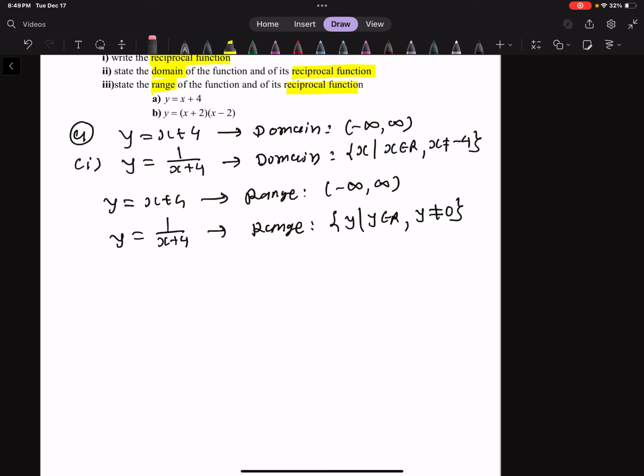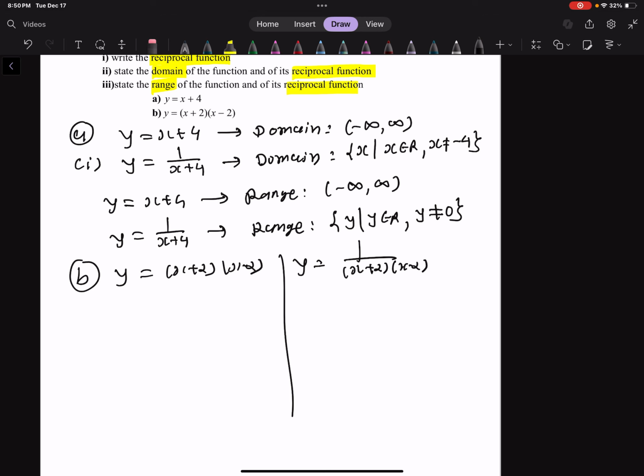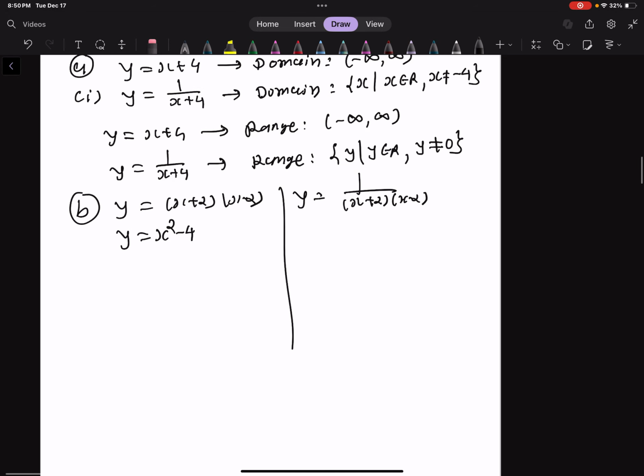For the second question, you can do the same way. The reciprocal of this function is 1 over x plus 2 times x minus 2. This is quadratic, so the domain is all real numbers.